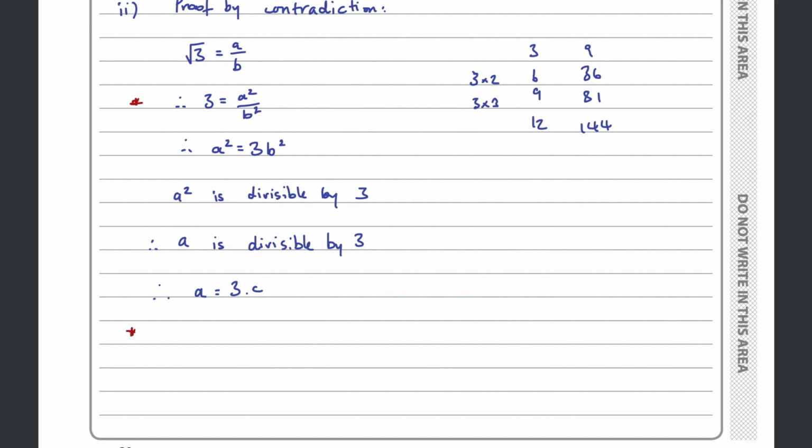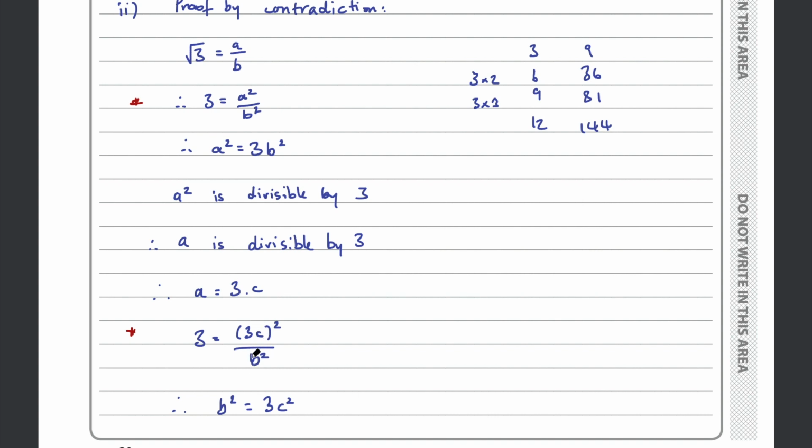So therefore, 3 equals, when we get to a squared, we'll put in 3c. So we'll have 3c squared over b squared. So therefore, if we rearrange this, we'll have b squared equal to 3c squared, right?